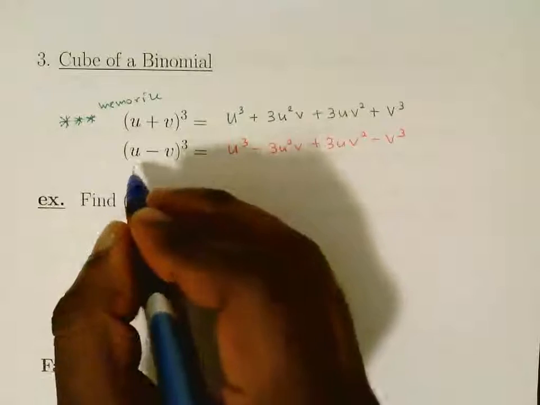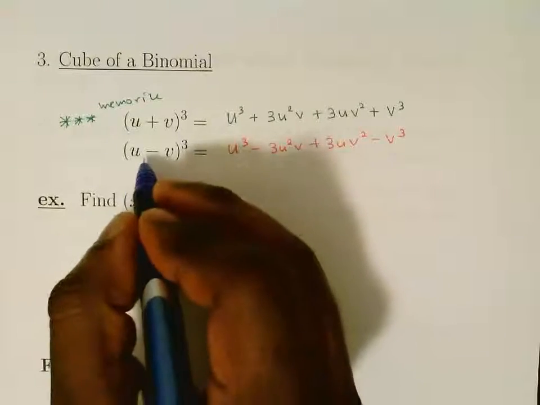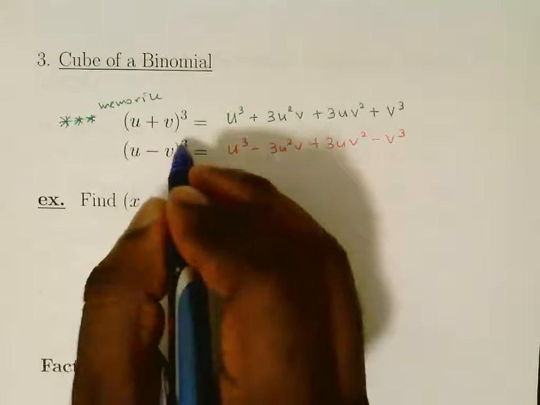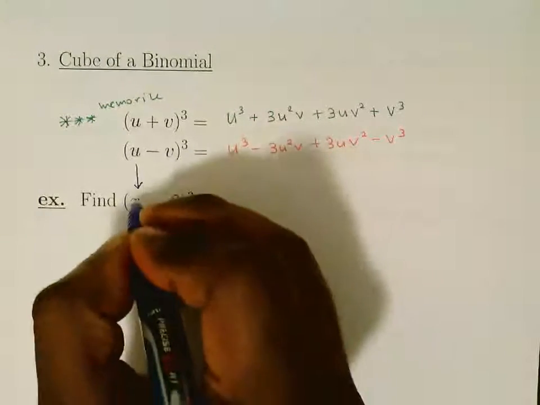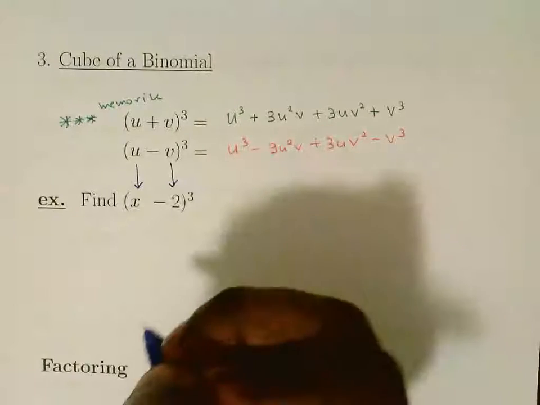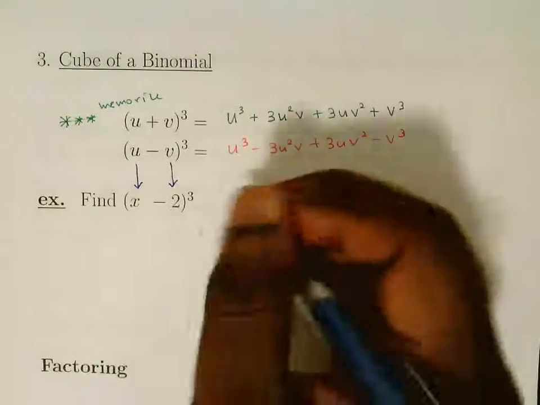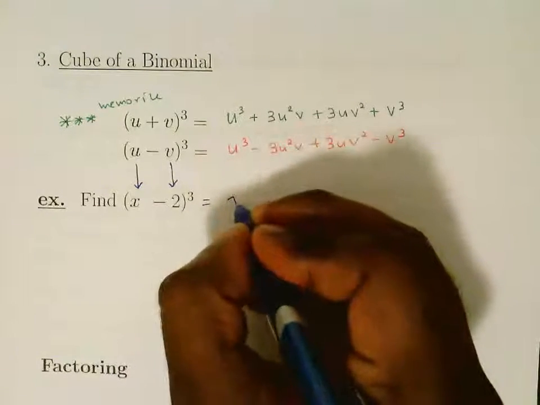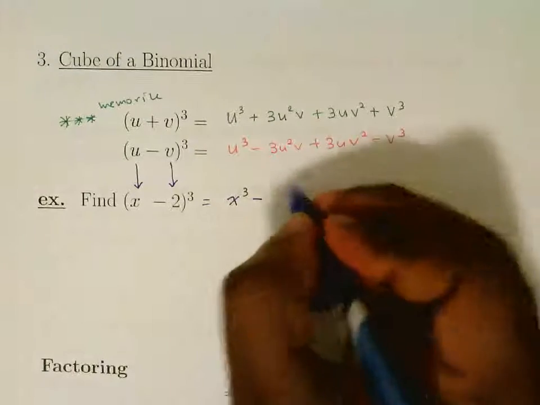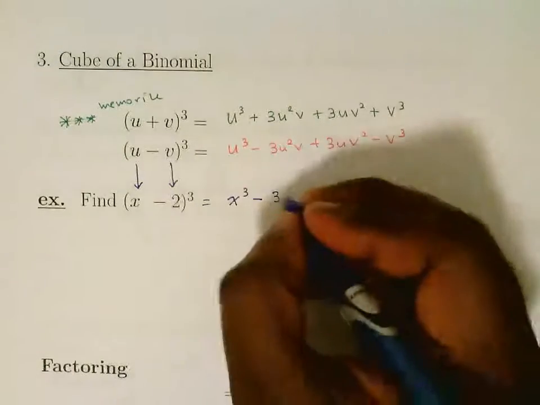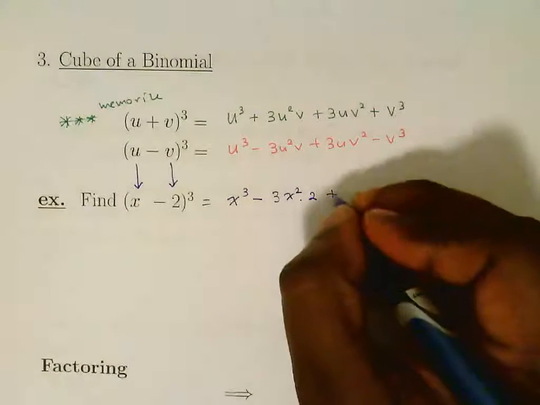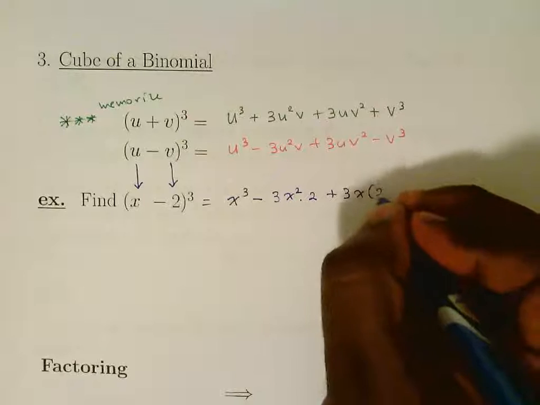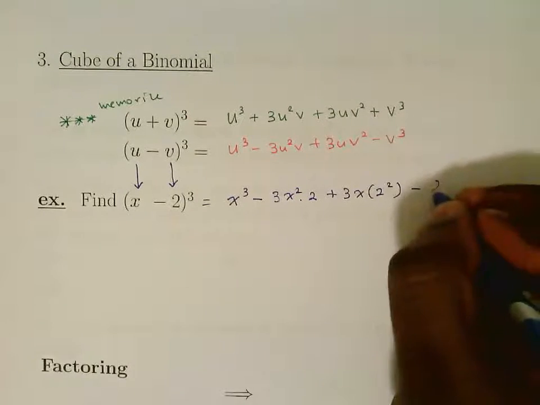So you can see we are using the second formula, which is the difference cubed, and your x is x, your v is 2. So applying the formula, it's x cubed minus 3x squared times 2 plus 3x times 2 squared minus 2 cubed.